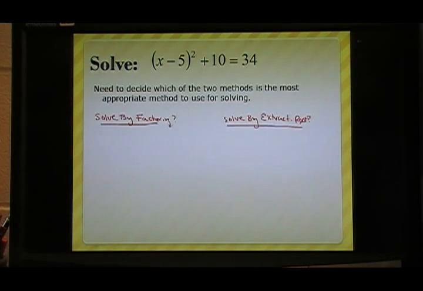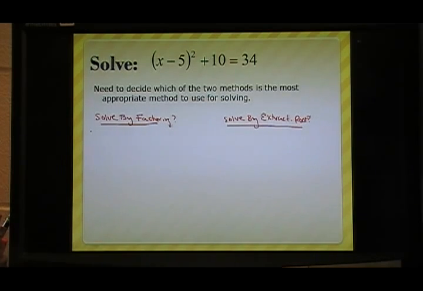And then I may have an expression that's not even factorable. So to solve by factoring, it would require a lot of work just to get it into a form that's ready for factorization.